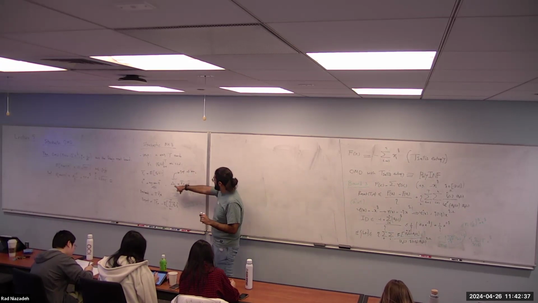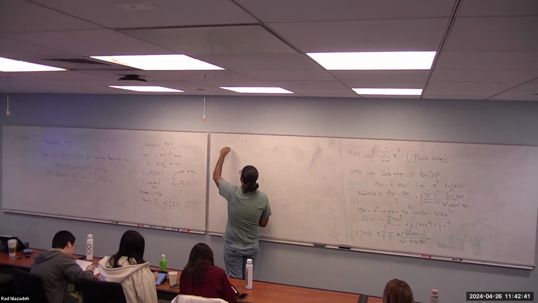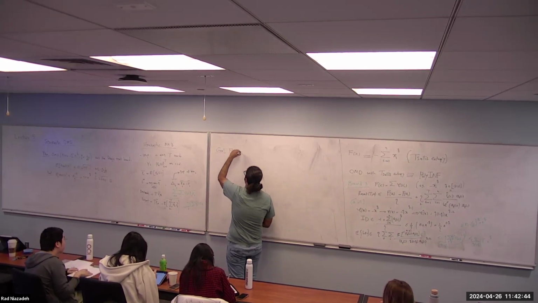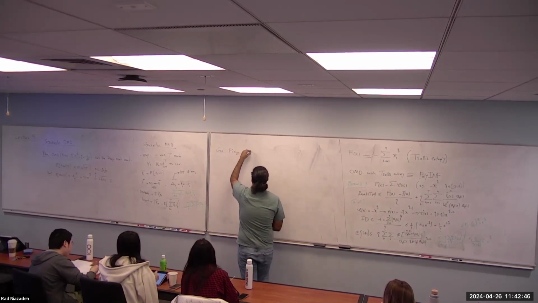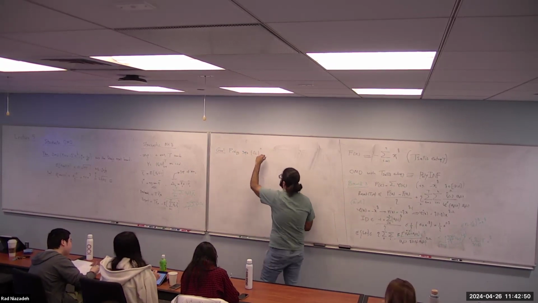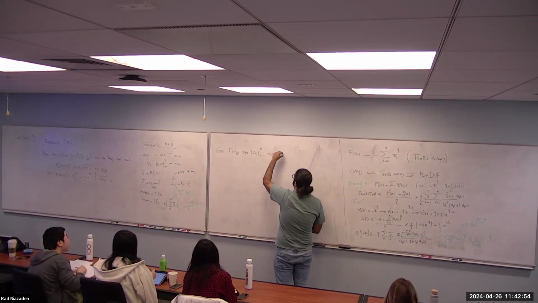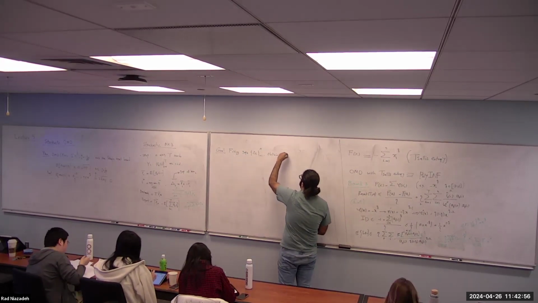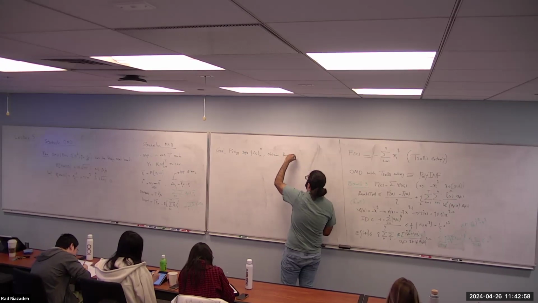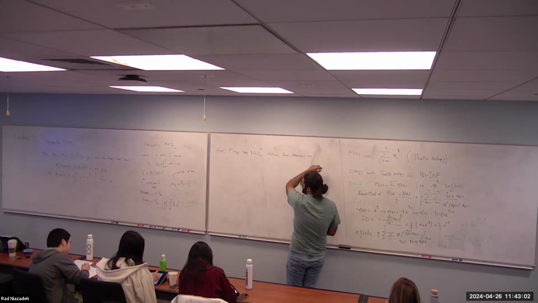So the name of the game is: fixing gaps delta i from 1 to n, obtain lower and upper bounds on regrets, expected regrets.